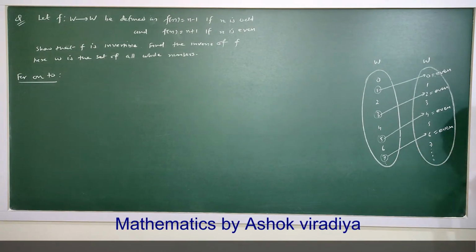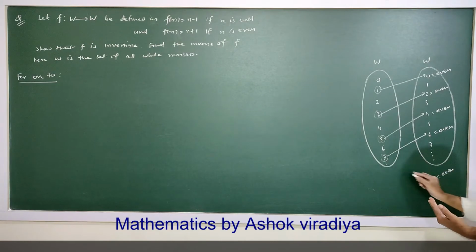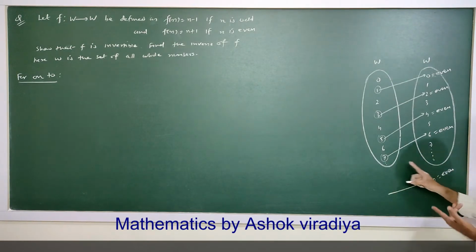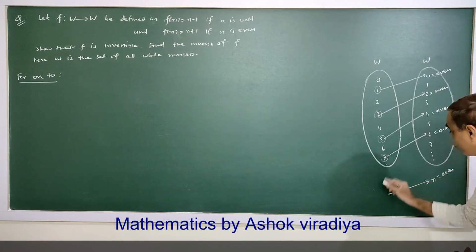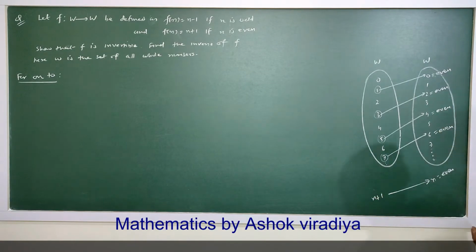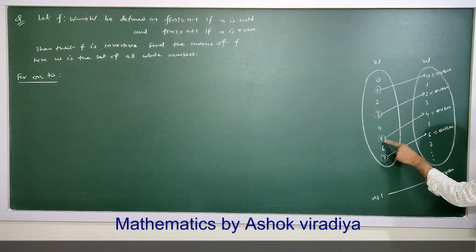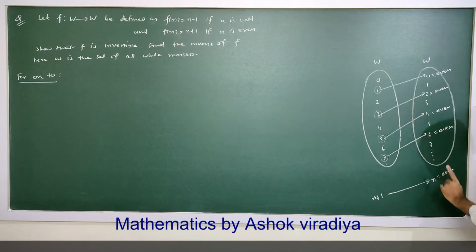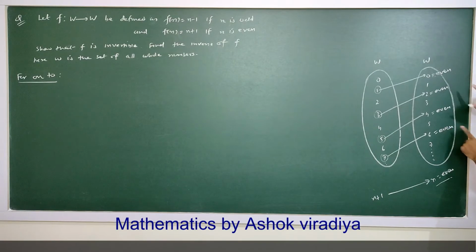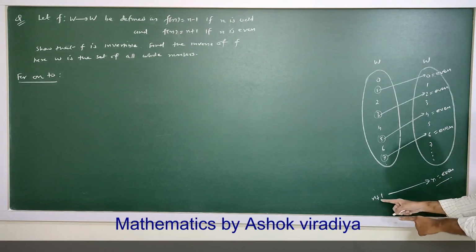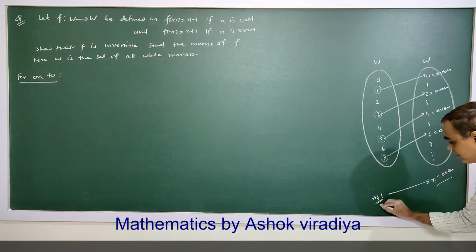So if n is even, what is its pre-image? It is one more. Pre-image of 6 is 7, pre-image of 4 is 5, pre-image of 2 is 3, pre-image of n is n plus 1. These are even, so the pre-image is odd.